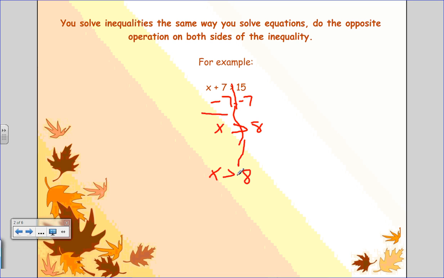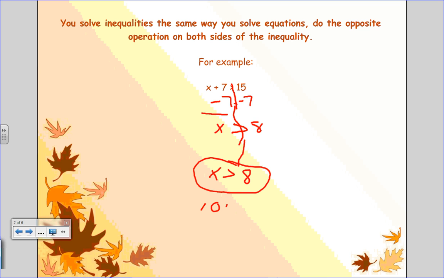In other words, what I'm saying here with this answer is if I pick a number that's higher than 8 and plug it in here, my answer should be higher than 15. So to check these, I'm going to pick any number that makes this statement true, like 10. 10 is higher than 8.